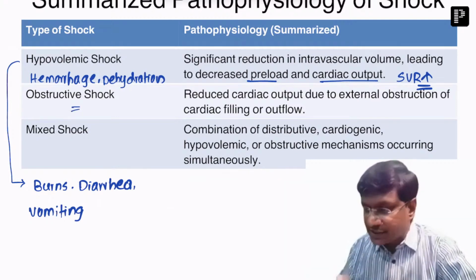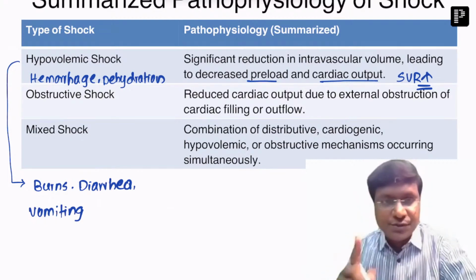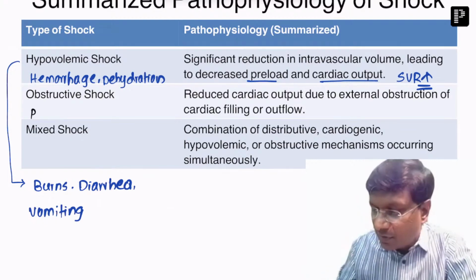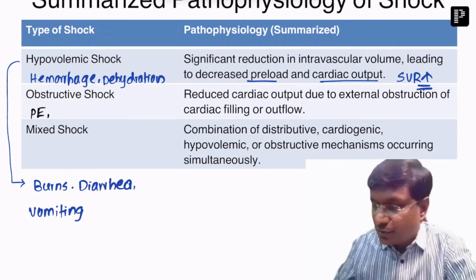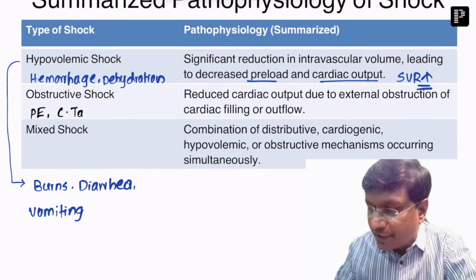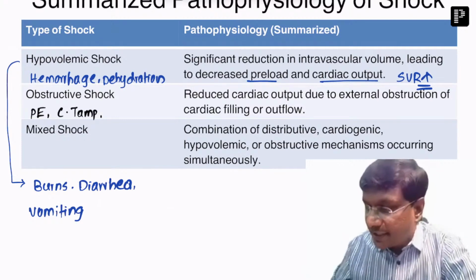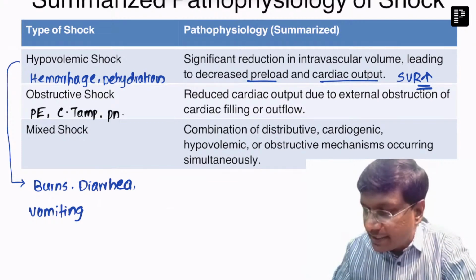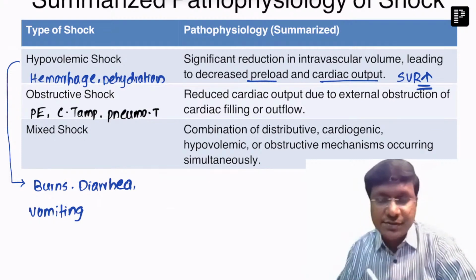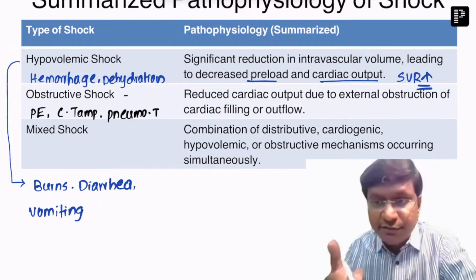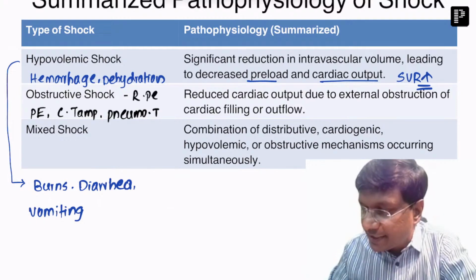Now, what are the causes for the obstructive shock? The causes for the obstructive shock include, number one, pulmonary embolism. Number two, cardiac tamponade. Number three, pneumothorax, and that too tension pneumothorax, and then restrictive pericarditis.